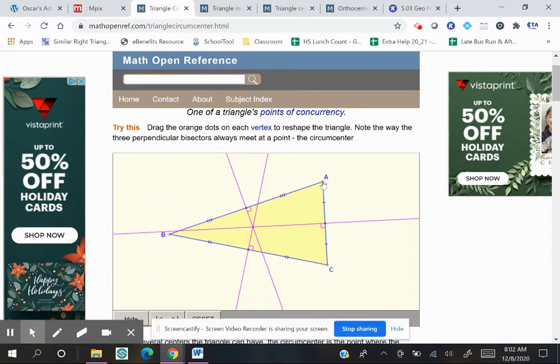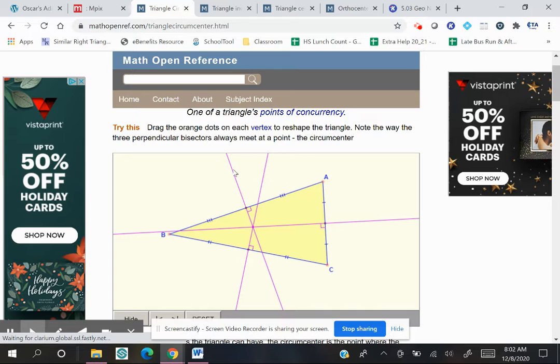So all three angles A, B, and C are all less than 90. It's inside where the three lines meet. So they've drawn in the perpendicular bisector of each side, and those are those pink lines.